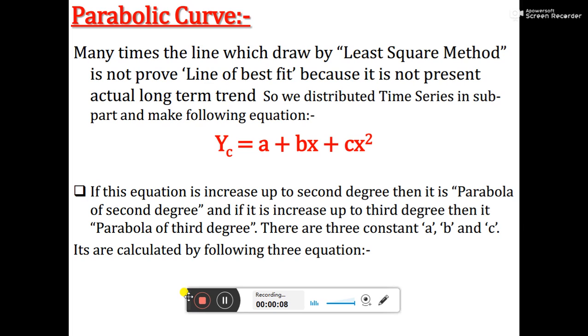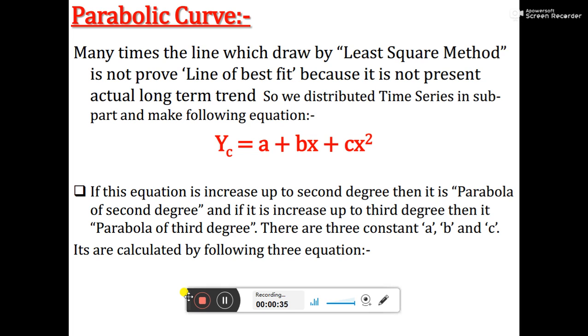Many times the line drawn by the least squares method is not the line of best fit, because it does not represent the actual long term trend. So we distribute the time series into subparts and use an equation like y = a + bx + cx², which is the equation of a parabola.